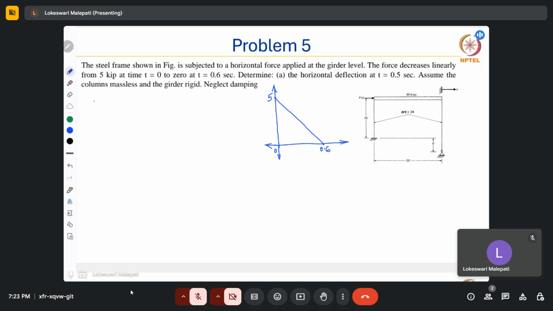It can be simply written as P of t is equal to, using the equation of a line, 5 minus 5 by 0.6 times t. So that would be 5 minus 8.33 t.